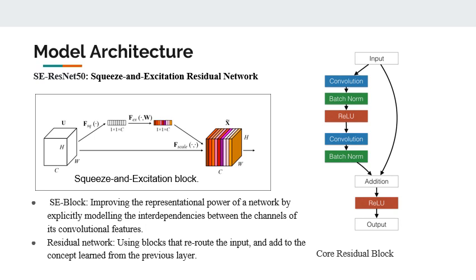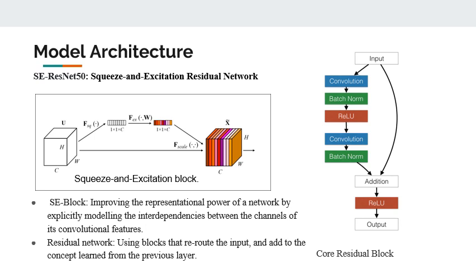On the right is the code for the residual block. The idea of the residual block is to use blocks that reroute the input and add it to the concept learned from the previous layer, so that during learning, the next layer will learn the concepts of the previous layer, plus the input of that previous layer.